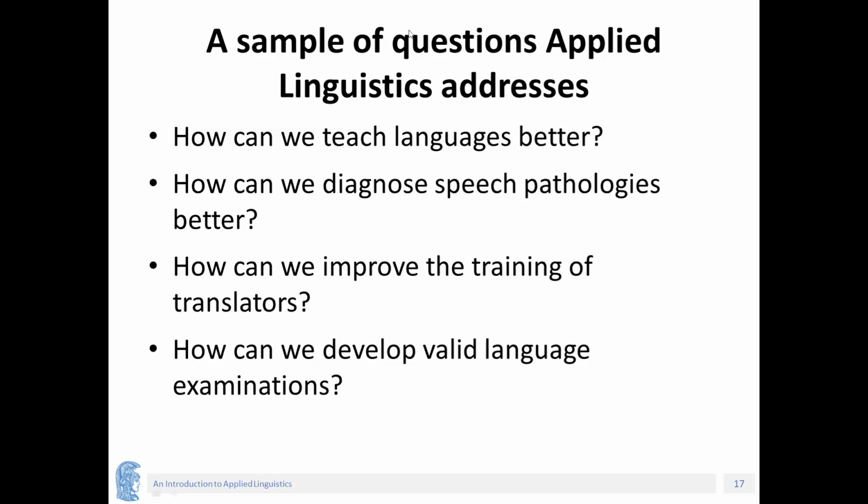Then, how can we improve the training of translators? How can we develop valid language examinations? So conducting language exams is a part of applied linguistics.